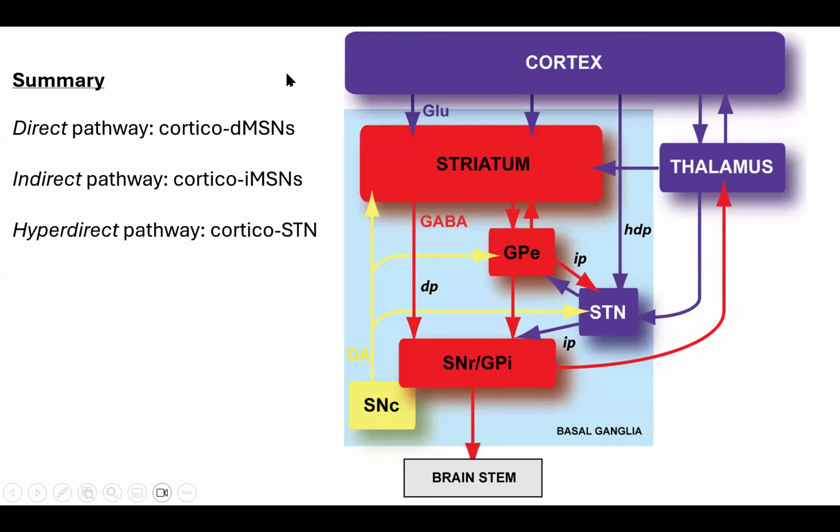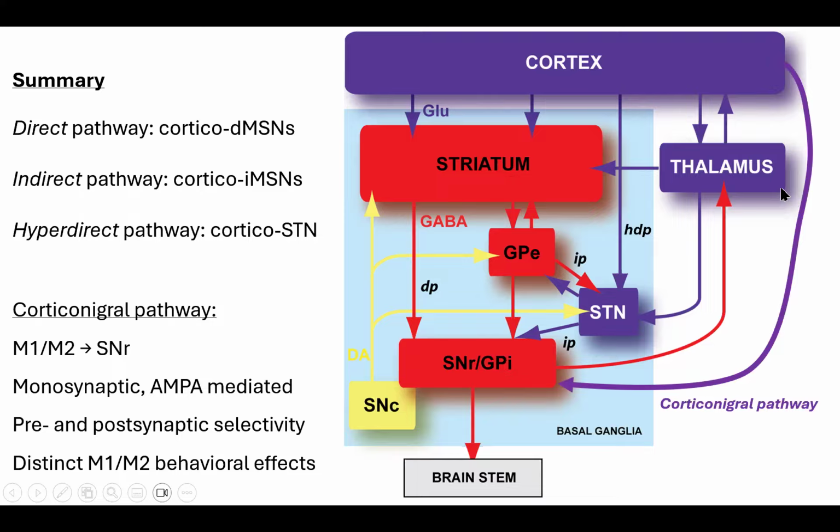So to summarize, we have the direct pathway, cortical input to the striatum, depending strongly on the type of the cortical region and the cell type within the striatum. The hyperdirect pathway causes this triphasic response to cortical stimulation. And the new pathway that Scott characterized is the corticonigral pathway that basically bypasses the whole disinhibitory structure of the basal ganglia, directly from motor cortex to SNR.